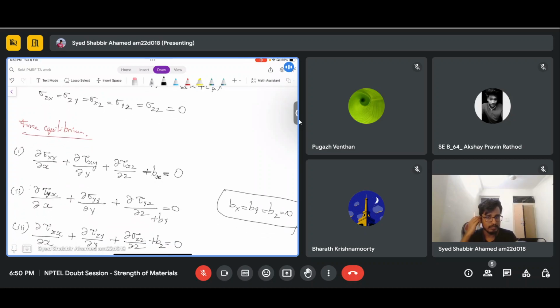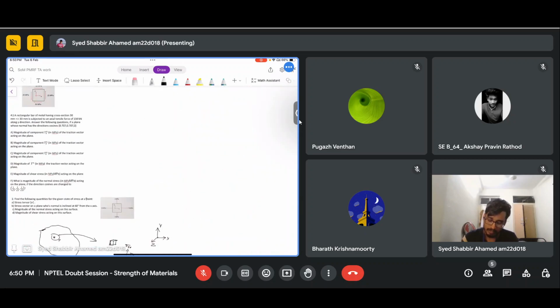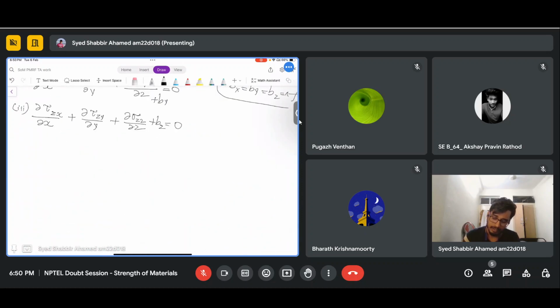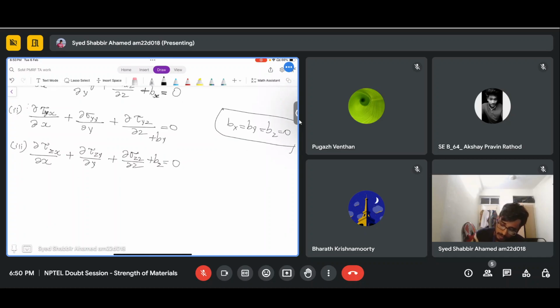This is tau xy. I have drawn the state of stress here. I'll draw it again. So this is some small infinitesimal cube.